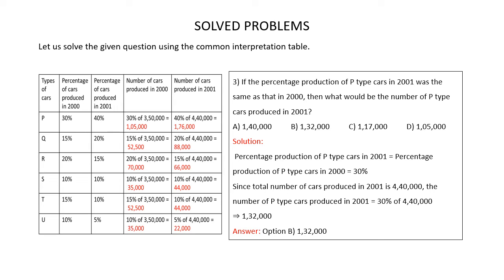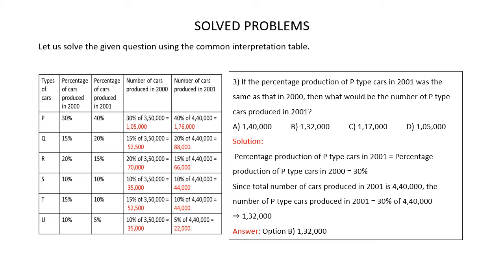Now, as you can see in this table, the percentage production of P-type cars in the year 2000 is 30%. So the percentage production of P-type cars in 2001 is equal to the percentage production of P-type cars in 2000, which is 30%.